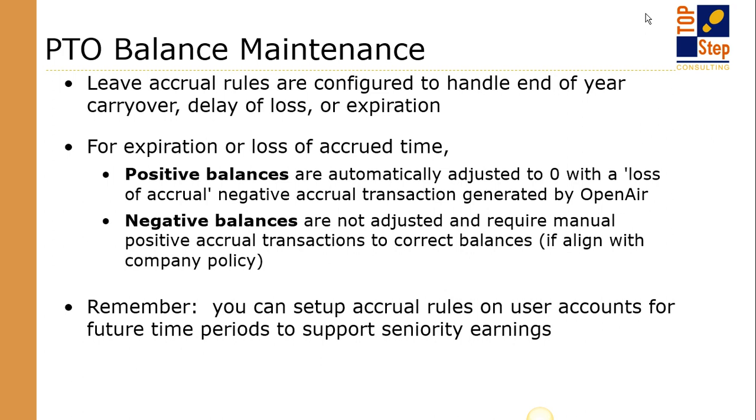You can set up your accrual rules and date those so that as people meet their yearly anniversaries, depending on your PTO policy, those are automatically flowing and balances are shifting between rules. But if you do have any changes in your PTO program from one year to the next, it's important that you go in and make those adjustments in OpenAir so that you get accurate PTO reporting.